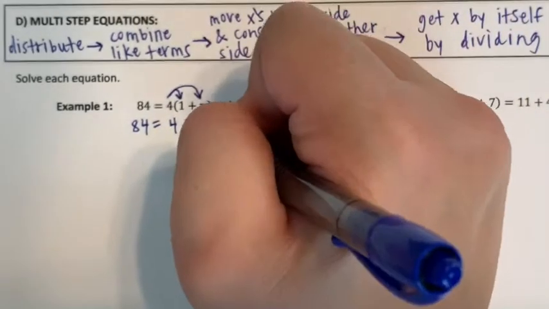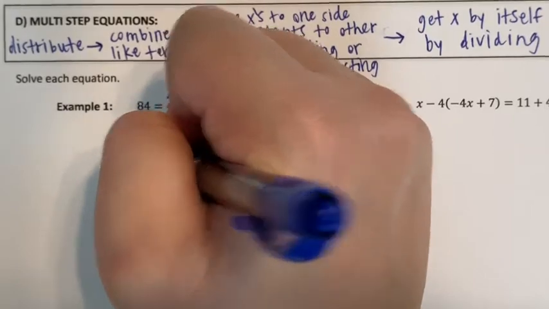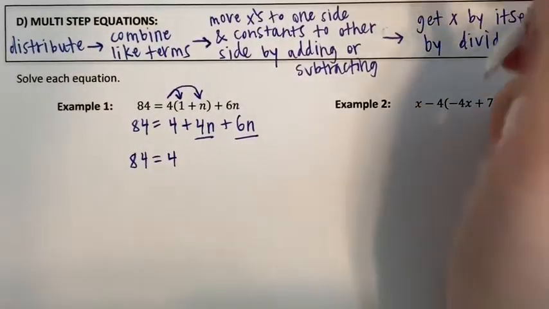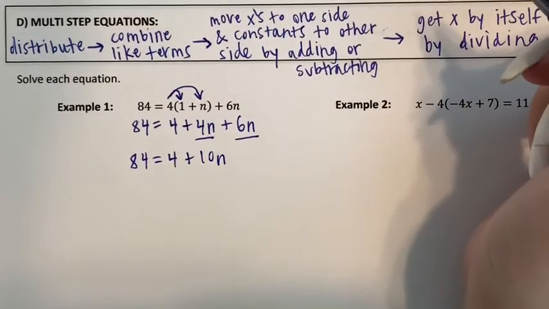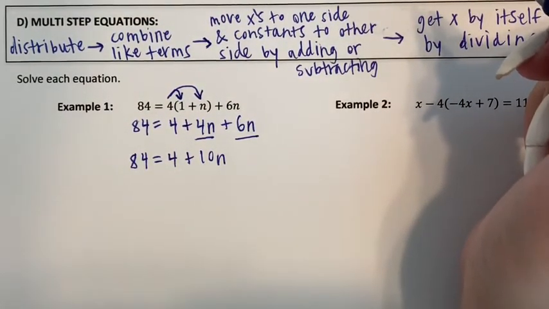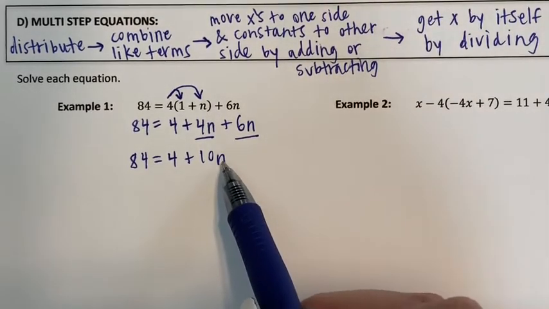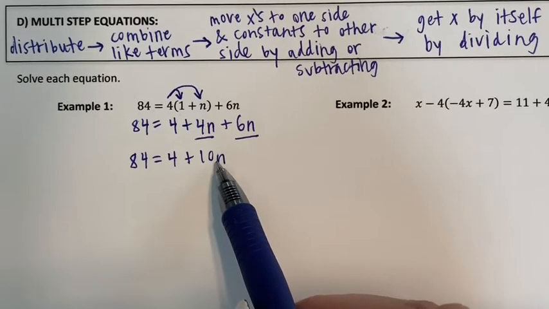I see that I have a 4n and a 6n. So I have 84 equals 4. 4n plus 6n gives me 10n. Now I need to move x's to one side and constants to one side. In this case, I won't say x's, I'll say n's.